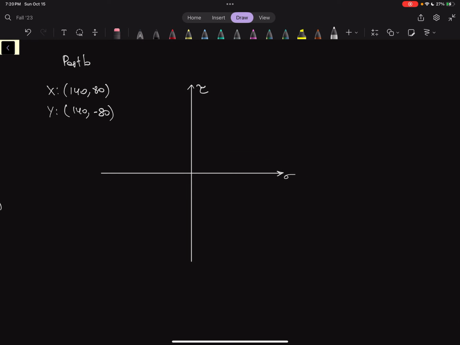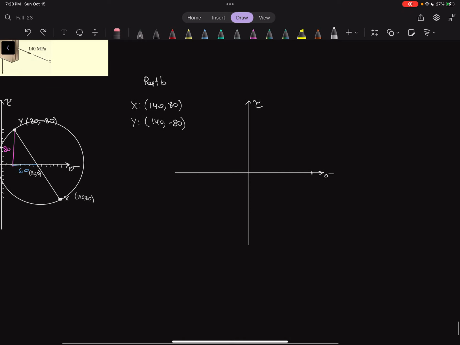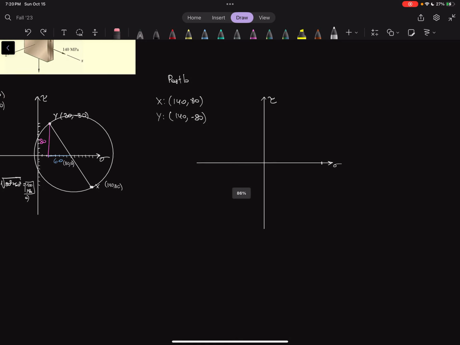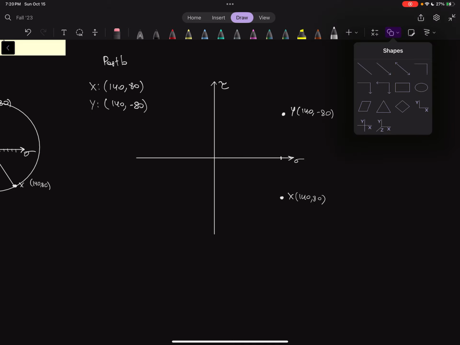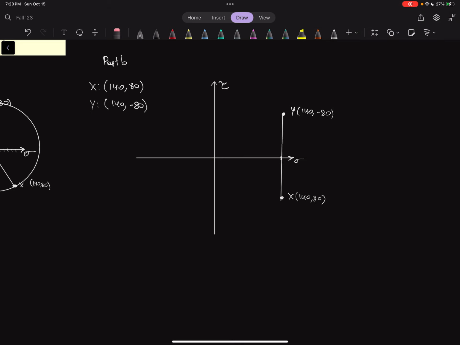So we got 140 and 80 again. So 140, 80, and 140, minus 80. So my y is 140, minus 80. My x is 140, 80. So now we put these together.